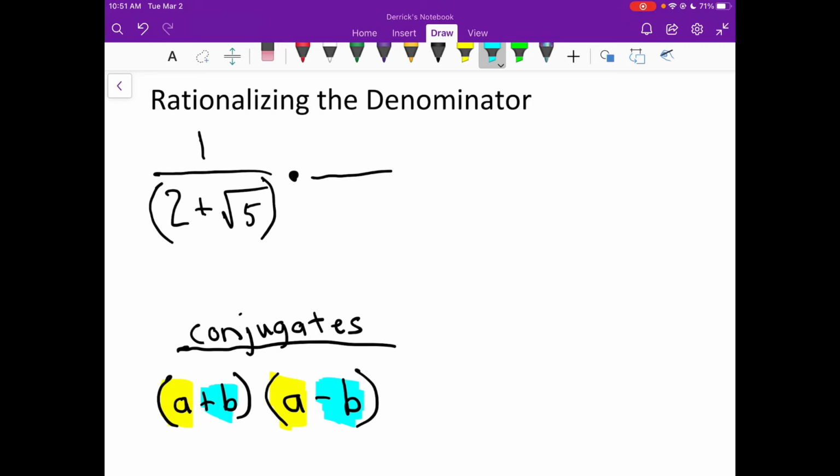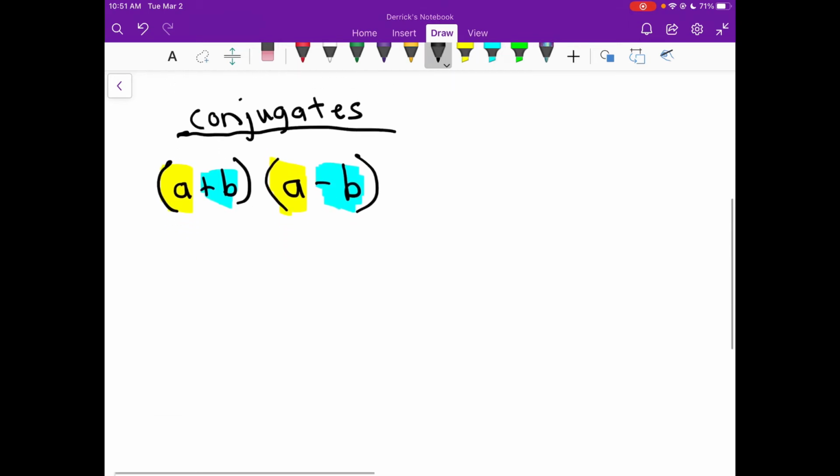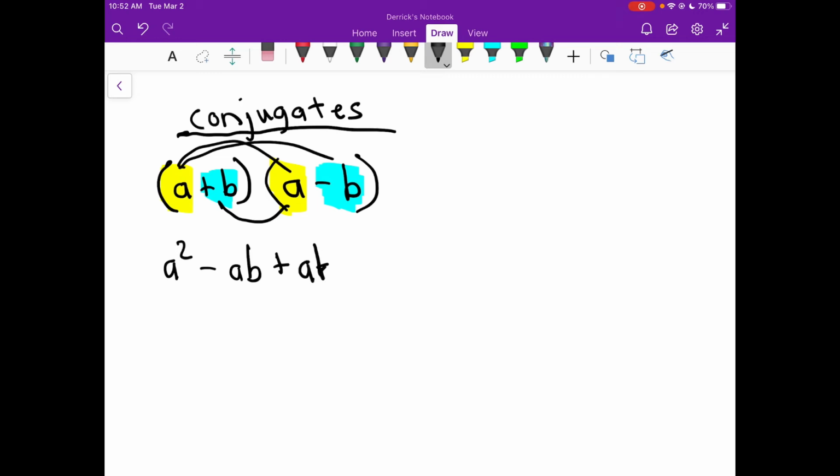Now the reason why we call these conjugates, the reason why these are important, is if you think about foiling out a plus b times a minus b. A times a is a squared. A times negative b would be negative ab, because a positive times a negative is a negative. B times a would be positive ab, because a positive times a positive is a positive.